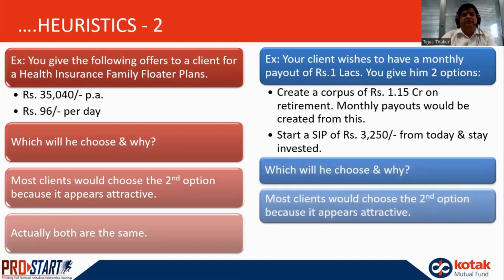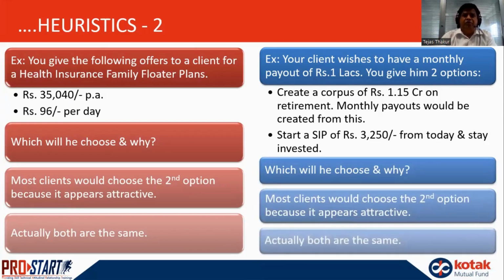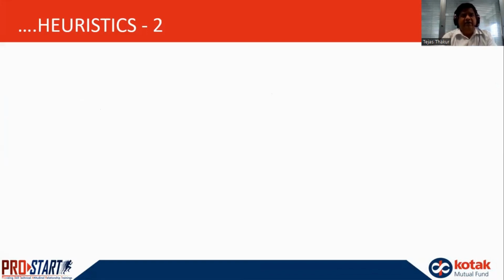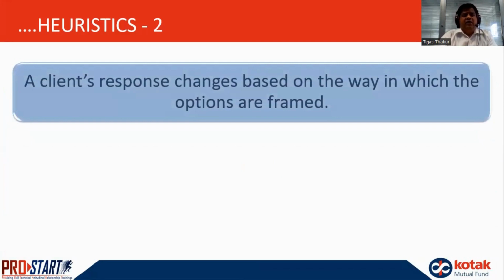Most clients, again, in this case, will pick up option number two because it appears to be more attractive. Actually, both the options are the same. So what are we driving at? A client's response changes based on the way in which the options are framed in front of him or her. So if I frame an option in a particular way, these would be the responses. If I frame it in a different way, these would be the responses.